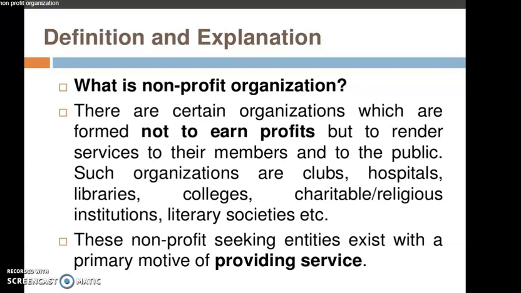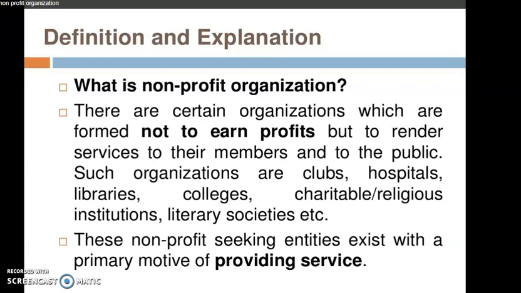Today we are learning about the non-profit organization accounting treatment. Profit organization or non-trading organization. What is a non-profit organization? There are certain organizations which are formed not to earn profits but to render services to the members and to the public.